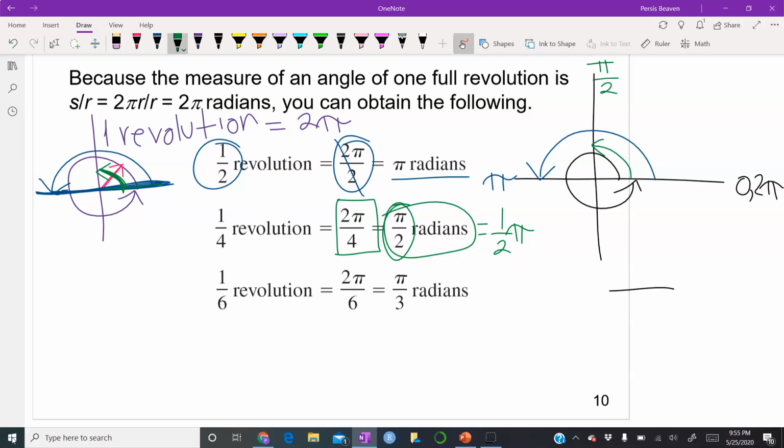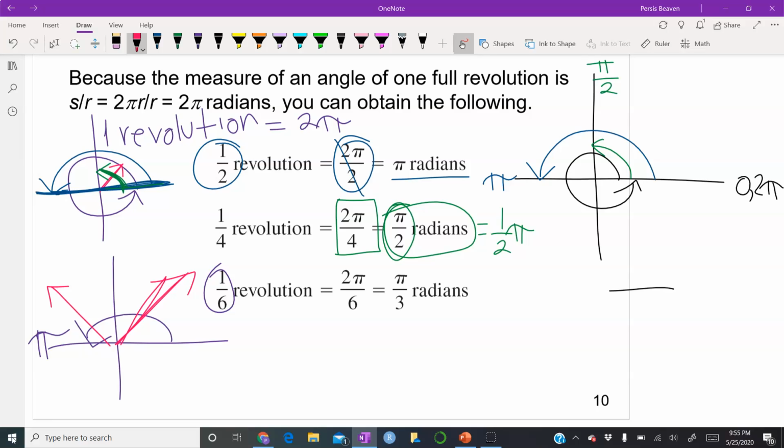That will be here. Now let's do a 1/6 of a revolution. And imagine that we take what is considered to be pi, which is from here to here, and we divide that into thirds. So you can see here, this will be 1/3, 2/3, well, from here to here, and then 3/3.